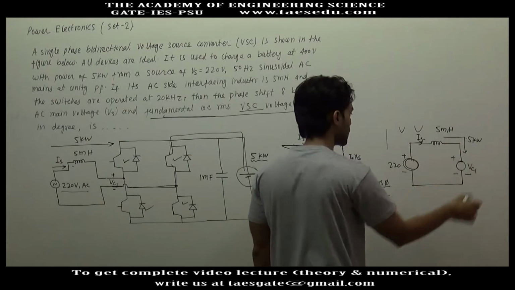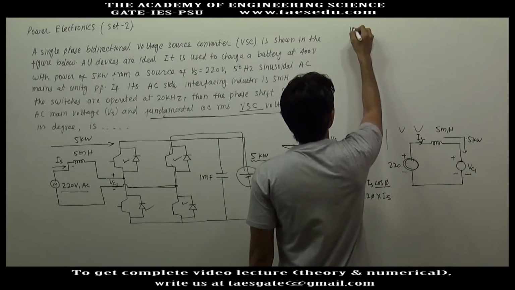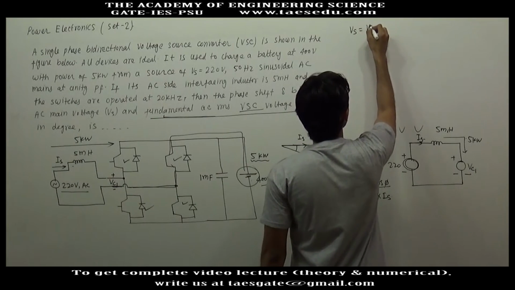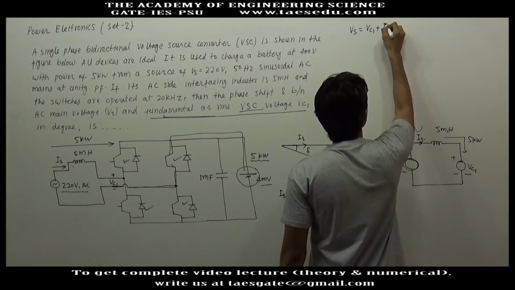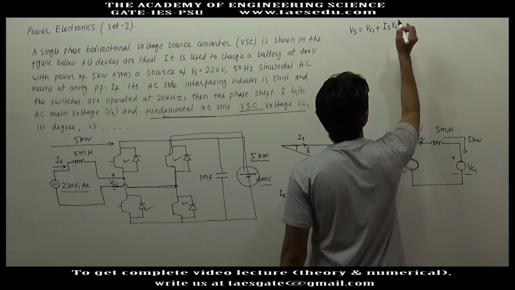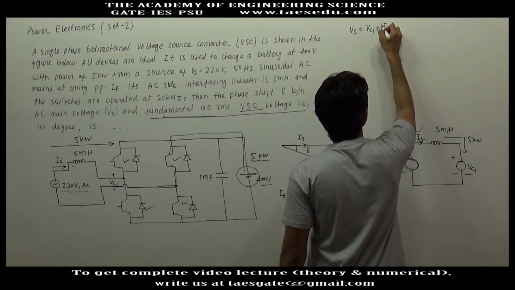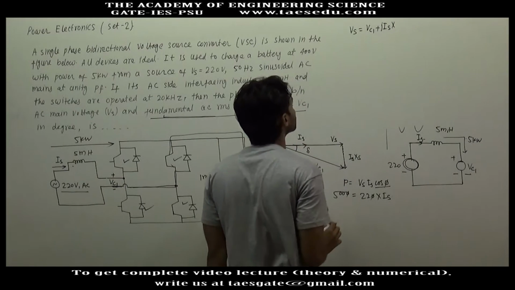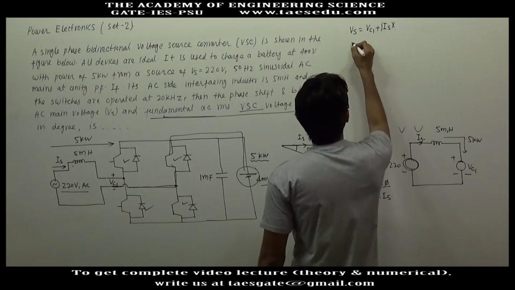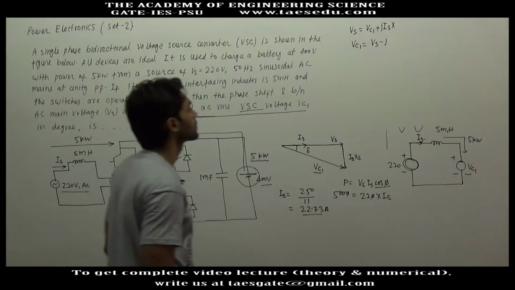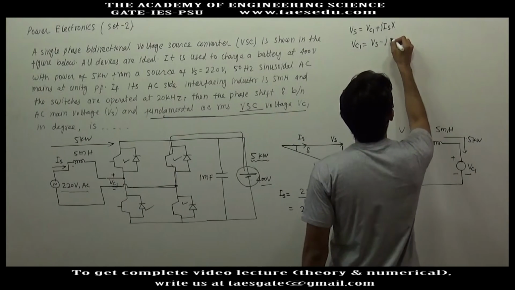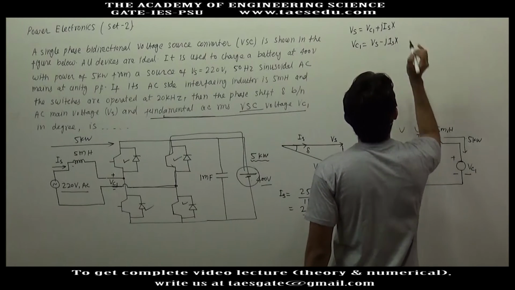If you apply KVL, Vs will be equal to Vc1 plus the voltage drop across the inductor, and the voltage drop across the inductor will be j Is into X. So Vc1 will be Vs minus j Is X.